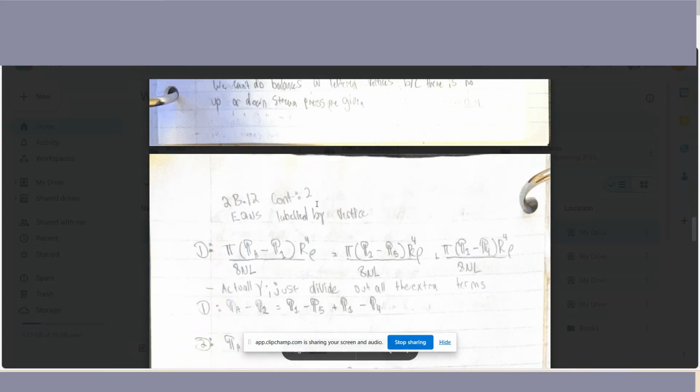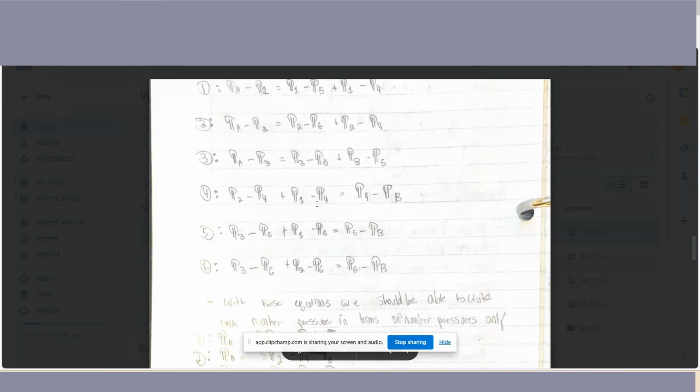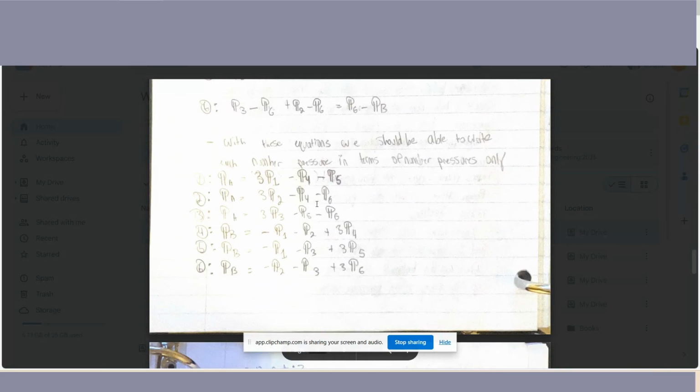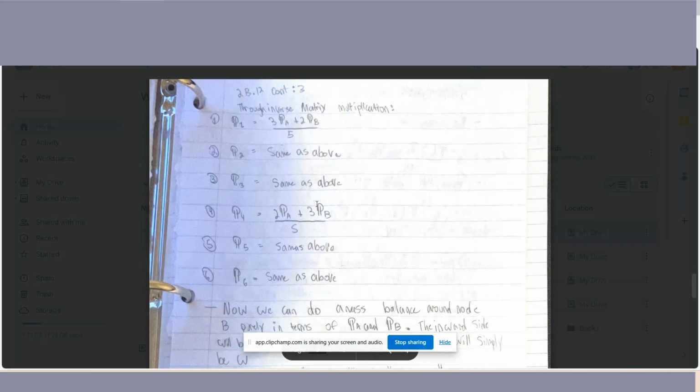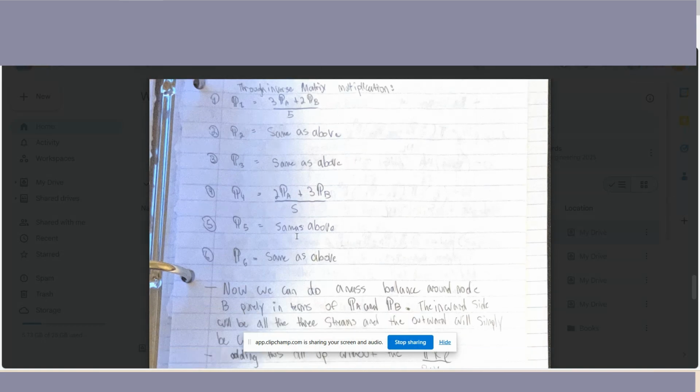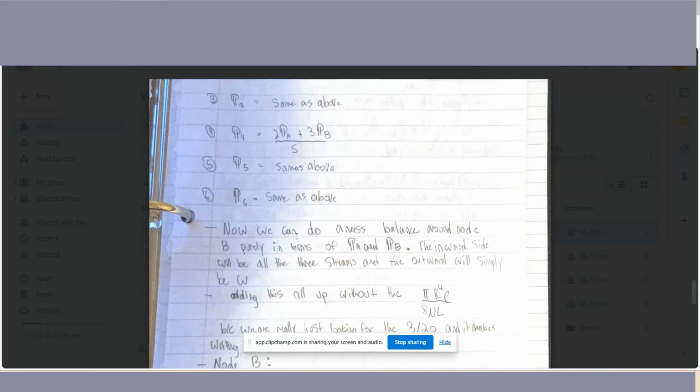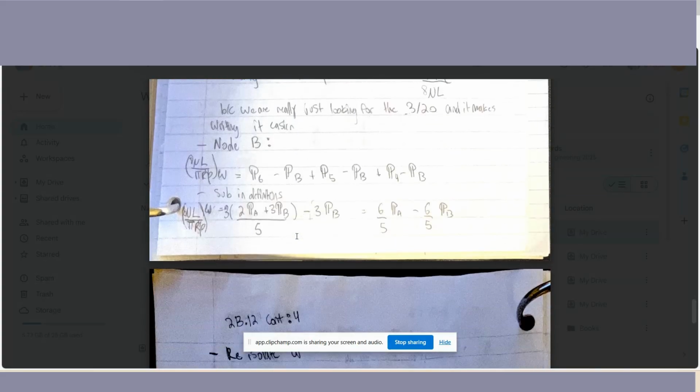And since we know all of these pressures in terms of PA and PB, we can solve for the total thing in terms of PA and PB. So yeah, that's what we do. We have all these pressures. We convert these P6, P5, P4 into PA and PB.